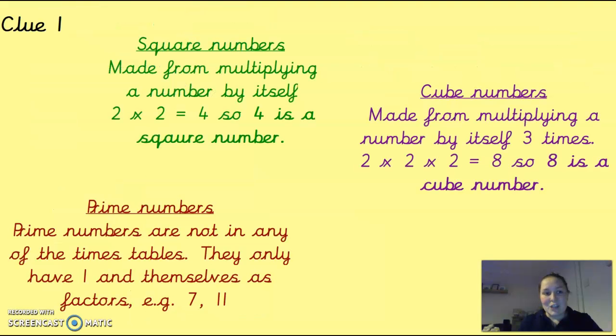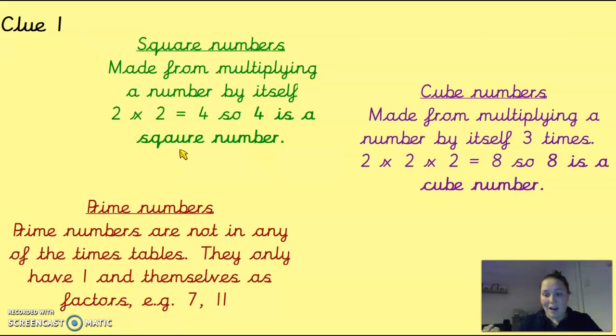Okay. So in clue number 1, you are going to need to sort square numbers, cube numbers, and prime numbers. So here's a little explanation. Remember that squaring a number means multiplying it by itself. So a square number is a number that can be made from multiplying a number by itself. For example, 4 is a square number.